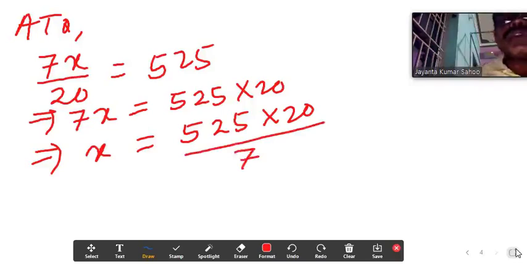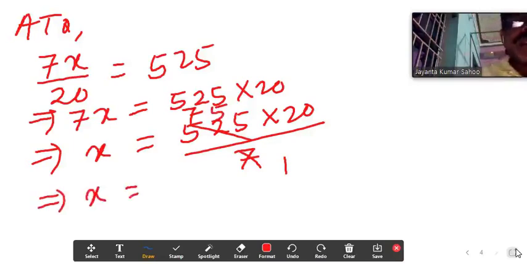We can do also, 7 ones are 7, then 7 sevens are 49, 3 5 7 5 are 35. So implies that x equal to 75 into 20, it is 1500.